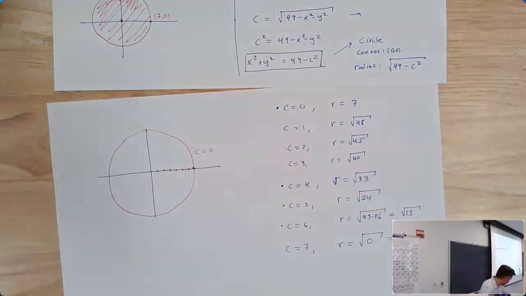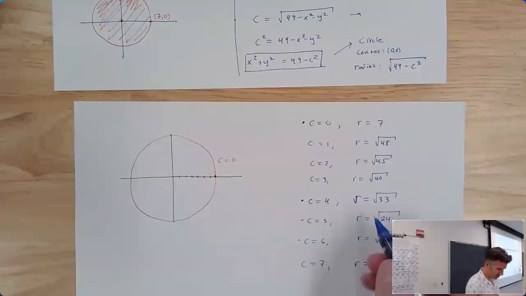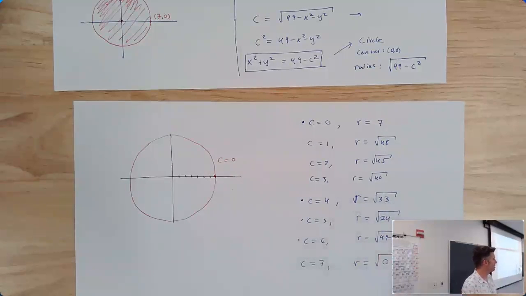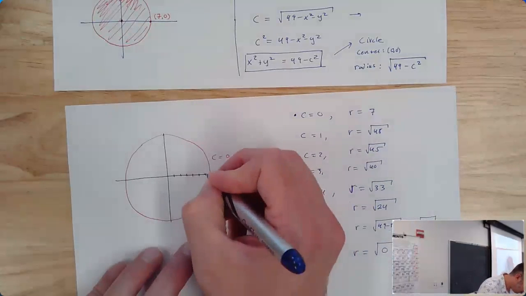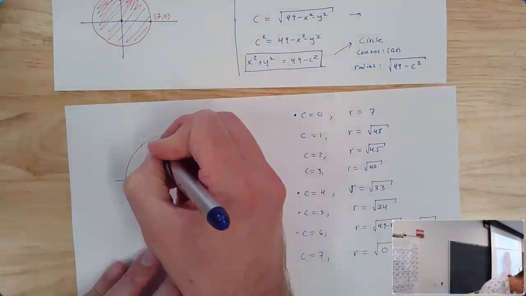On the XY plane, on the floor, C equals 0, my level curve is the circle of radius 7. And then I go up to, say, a height of 4, and now my radius is the square root of 33, which is a little less than 6. The square root of 36 is 6, so 33 is a little bit less. So up here, 4 up, here's my new level curve.